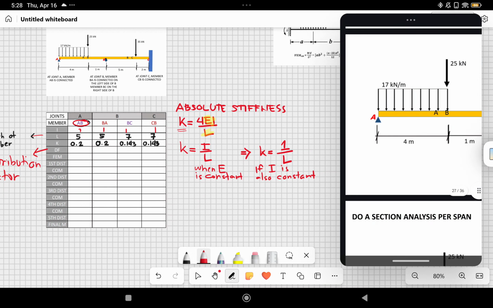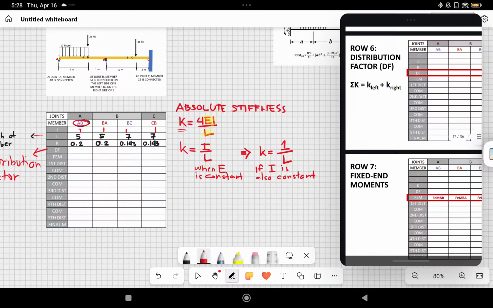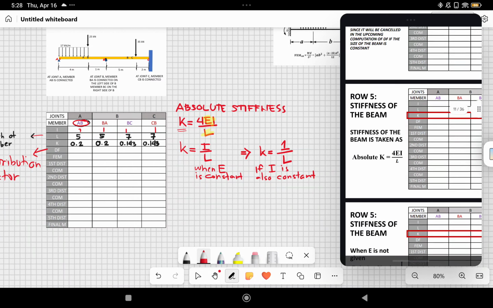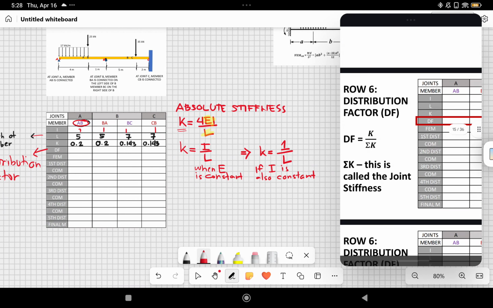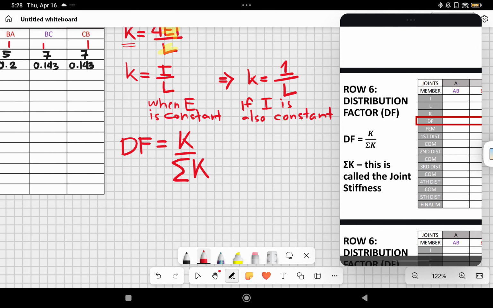Let me go back to the PowerPoint. So the distribution factor is defined as K over summation of K. Okay, so we have already defined what is K. So let's define what is summation of K.